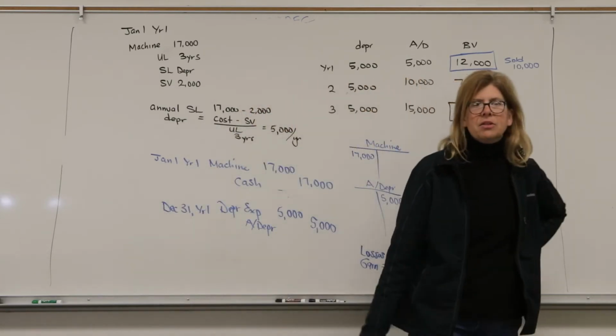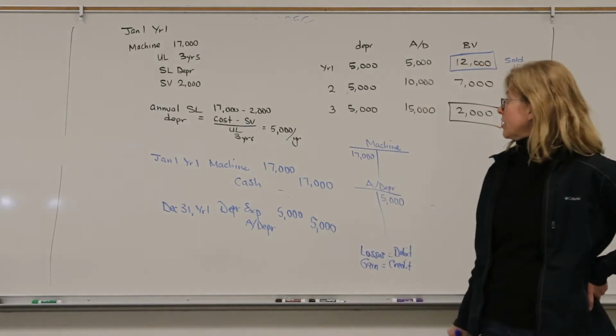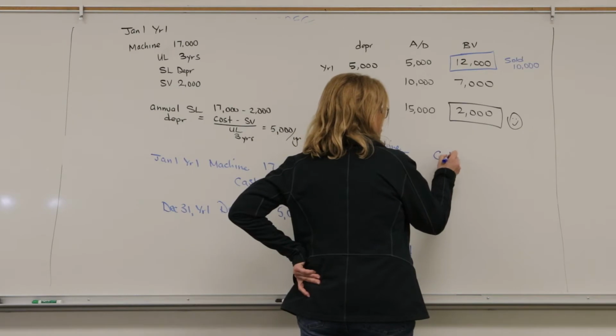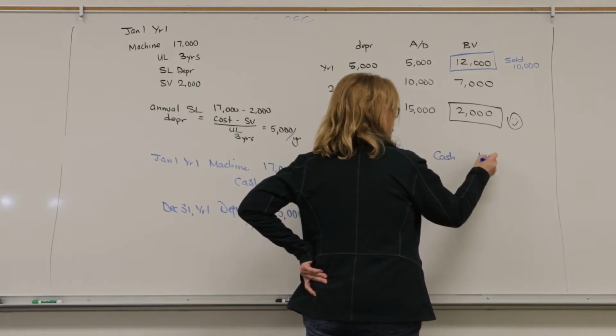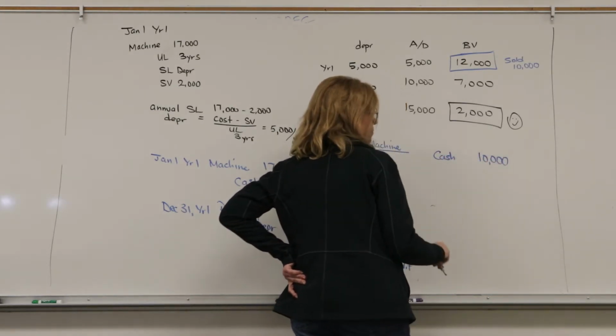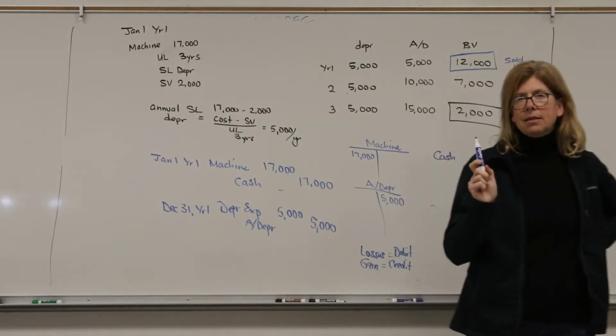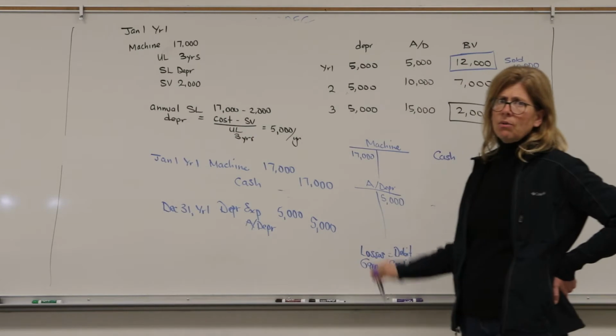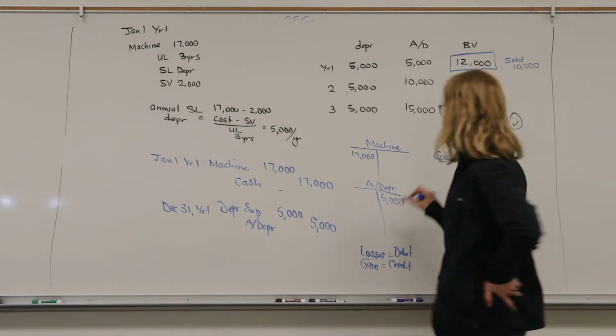So let's think about this entry. Somebody just gave me $10,000. When they give me $10,000, I will debit cash $10,000. I need to take accumulated depreciation off the books. It has a credit balance. If I want it to go to zero, I need to debit it.